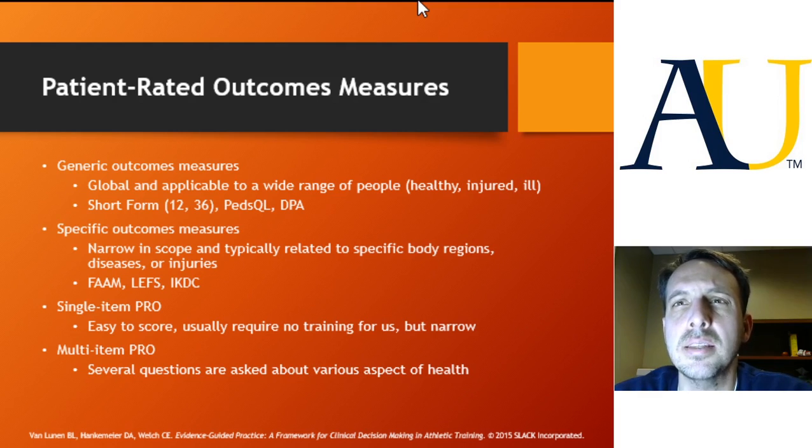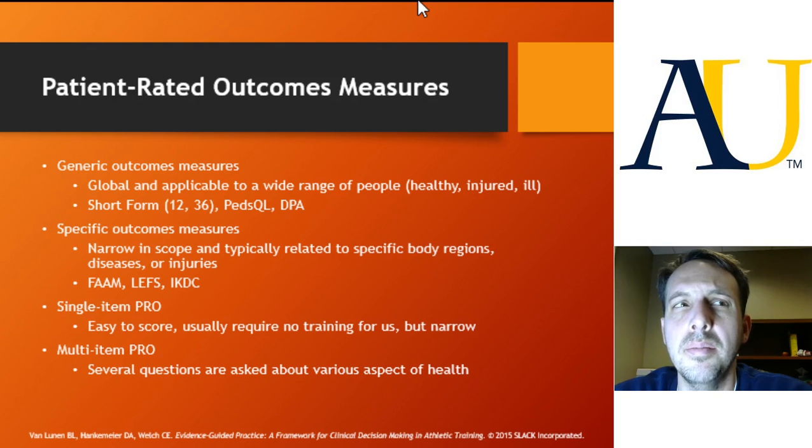So we might ask about the ability to walk up and down stairs and identifying individuals with knee conditions, whereas in a global rating of change or generic outcome measure, we would simply ask about whether or not they are able to get around as they desire. Then we classify them based on their length.